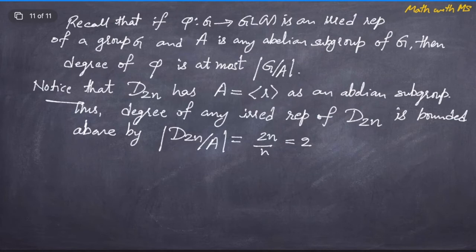So the degree of any irreducible representation of D_2n is either 1 or 2.